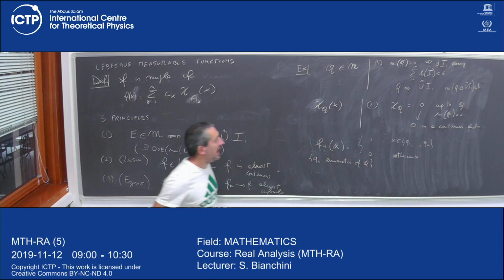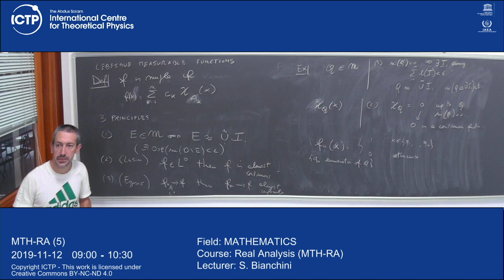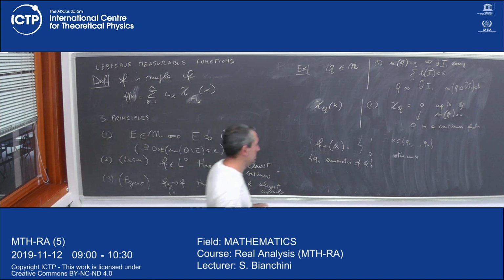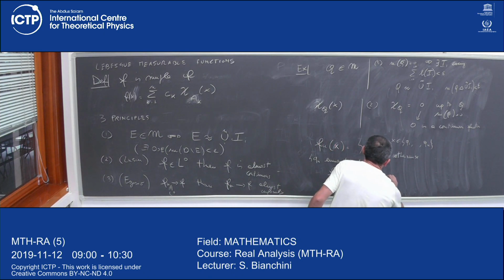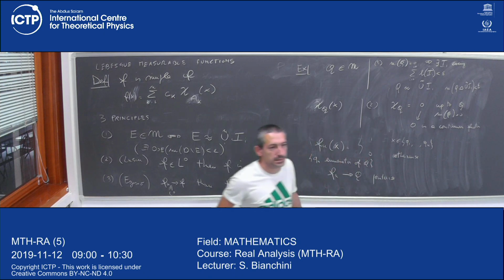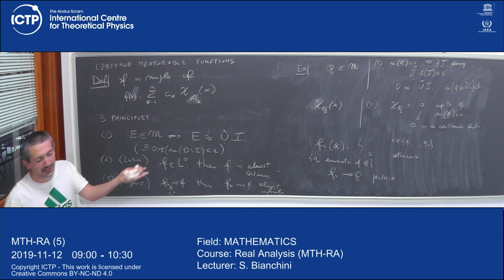So is Fn converging to the indicator function, the characteristic function of Q? Pointwise. For any x, either it is irrational, then it's always 0.